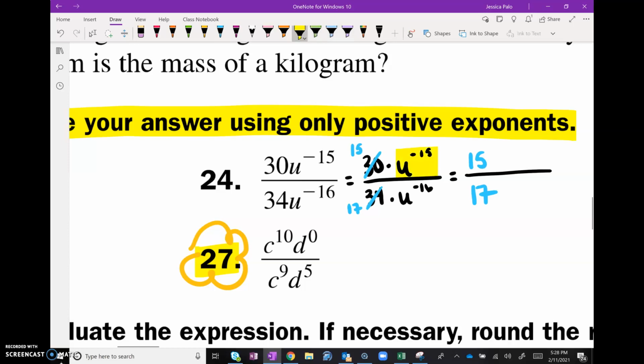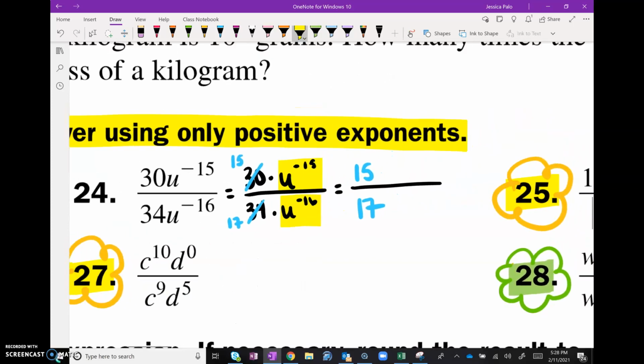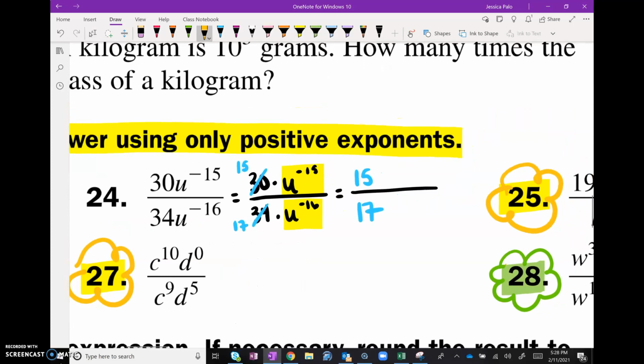Now we have our variables with our exponents. We have U to the negative 15th and U to the negative 16th. That is quotient of powers property. Quotient of powers property tells us to subtract our exponents. So let's subtract U to the negative 15 minus negative 16. Don't forget your exponent rules.